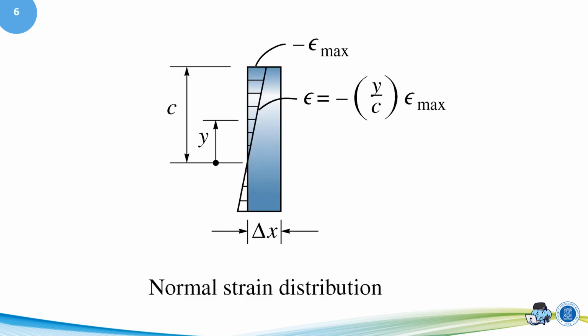Based on that result, this is the strain distribution at that particular section. At the natural axis, the strain is 0, and it gets bigger when the distance y is bigger. So, the equation for the strain will be like this.